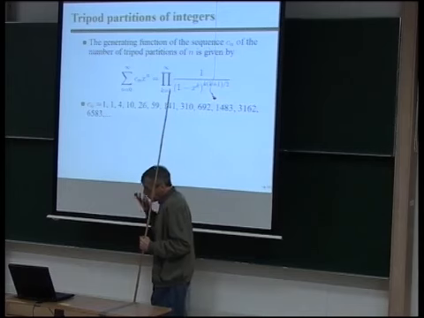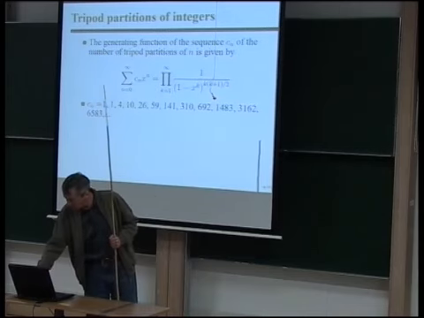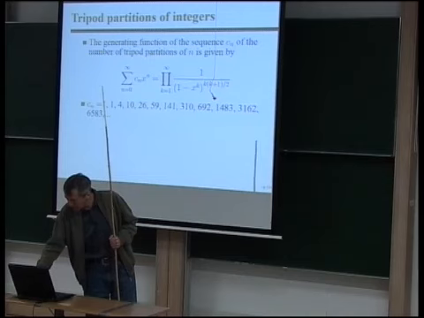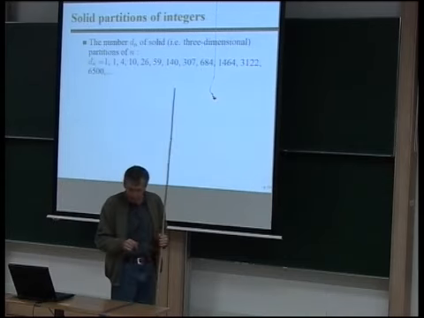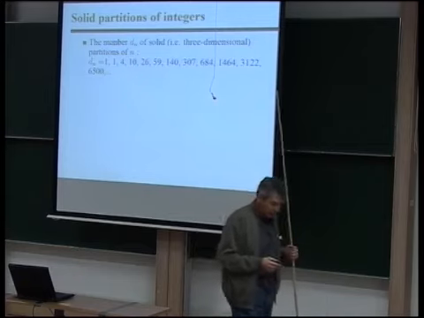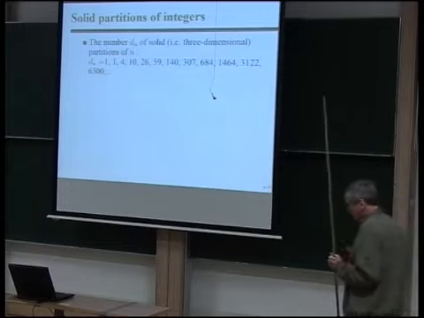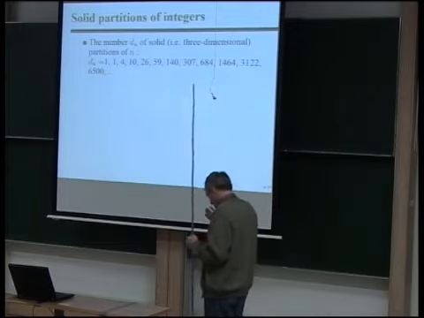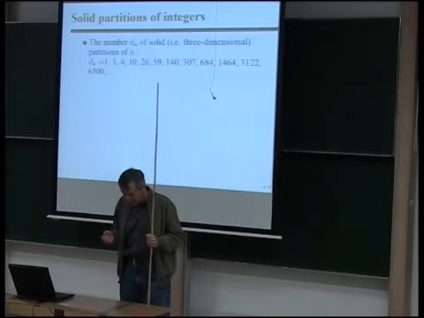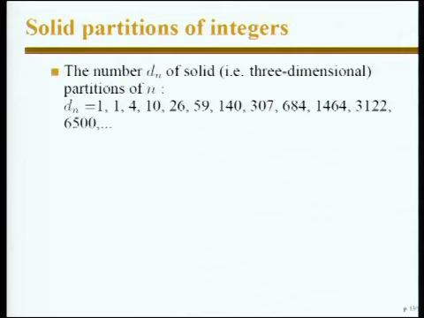And for some time, as I heard, McMahon believed that this is exactly the generating function of the solid partitions. That is those 4-dimensional skyscrapers with the given volume, but it is not the case, unfortunately.